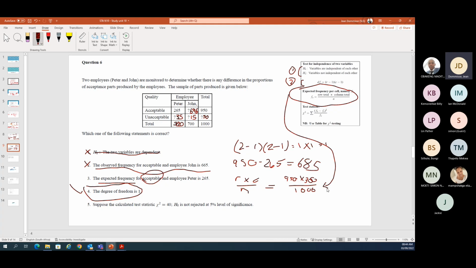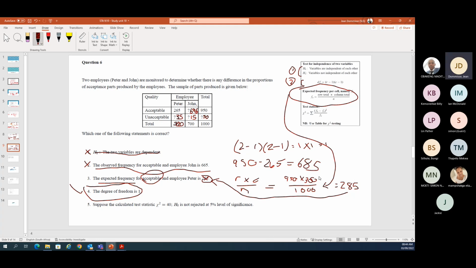And if you divide that by 1000, we get 285. So here you could see the value that they've given us is actually the observed value and not the expected value. So the expected value should be 285.